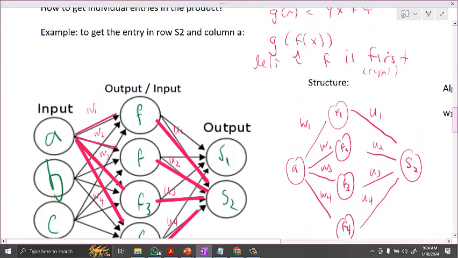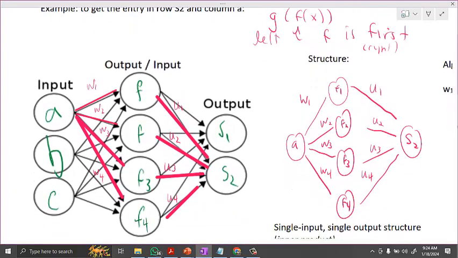All right. So suppose in particular, I want the relationship between input A and output S2. How does input A affect output S2? Well, input A is going to affect each one of these intermediate states here. And then each one of these intermediate states is going to affect the final output.